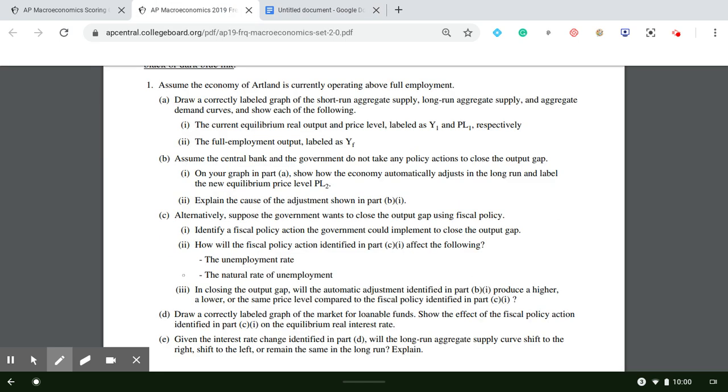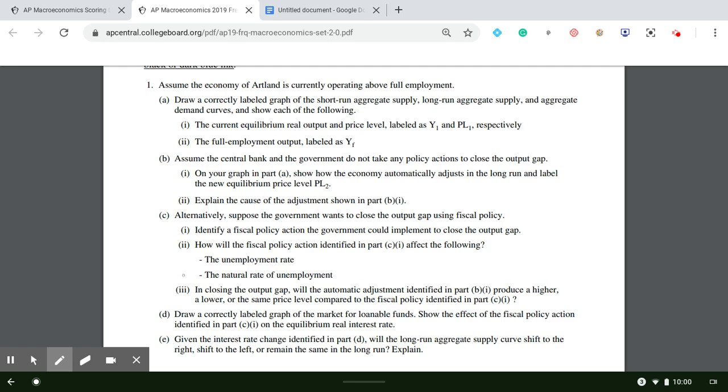Given the interest rate change identified in D, will the long run aggregate supply curve shift to the right, shift to the left, or remain unchanged in the long run? So this one's kind of tough because more often than not, nothing is going to change the long run aggregate supply curve, except for a few things: technology, population change.